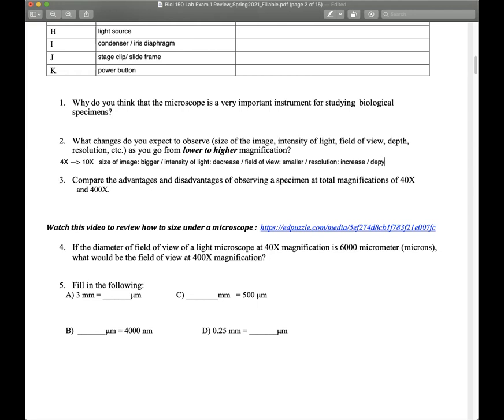The other teacher said the depth of field decreases. Depth of field. Okay, yeah, I can see that. So depth of field decreases. And yeah, we did resolution. Okay.